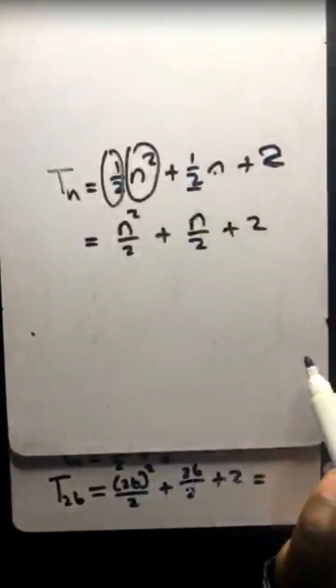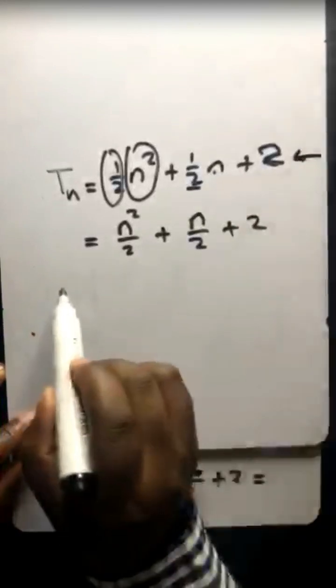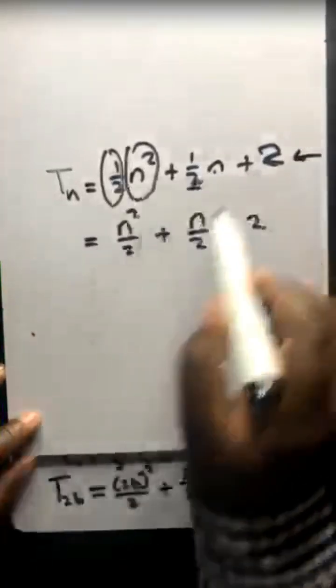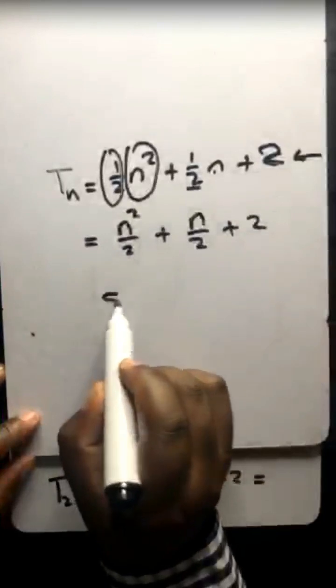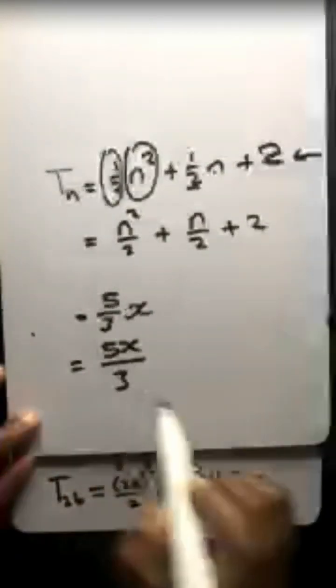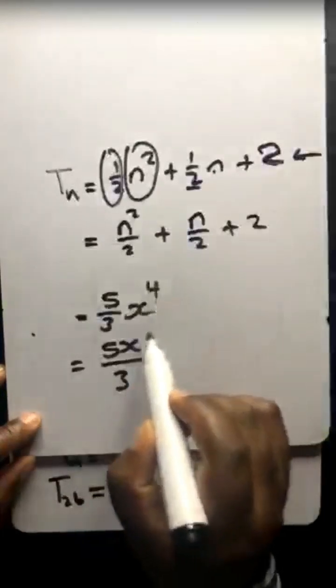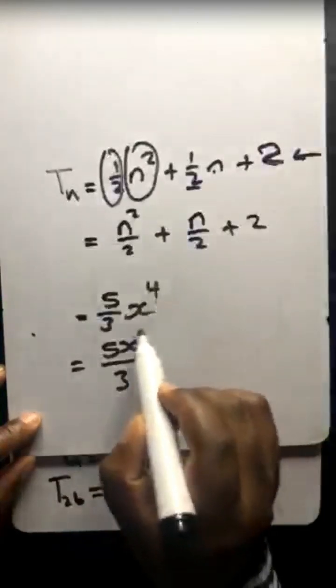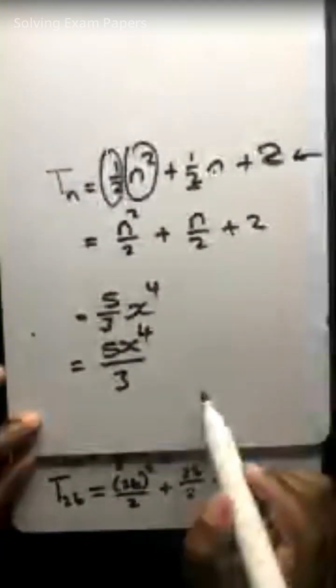So whether you write it this way and substitute, it is the same thing as you do there. Let's say you have 5 over 3 x. This is actually the same as 5x divided by 3. Whether you have to the power of 4, it also goes there. So there's nothing much that I've actually changed.